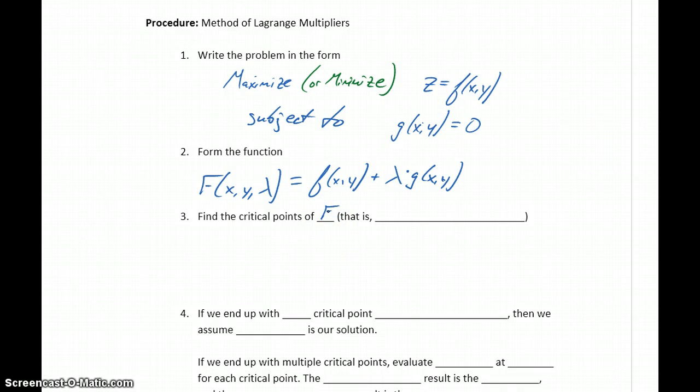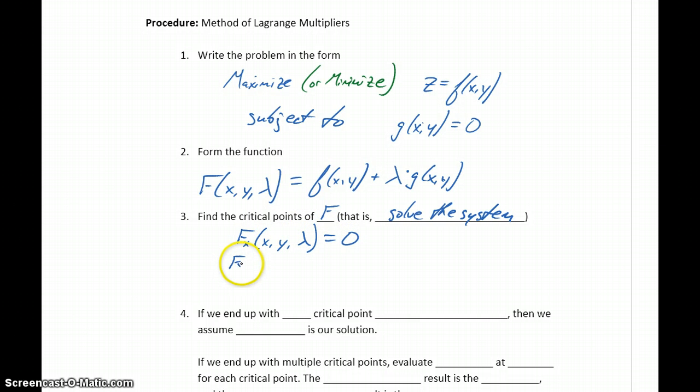Then we want to find the critical points of F, which means we're going to end up needing to solve a system of equations. This is the function capital F differentiated with respect to x, setting that equal to 0.